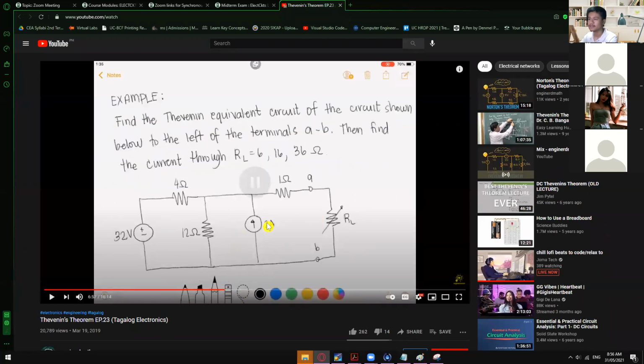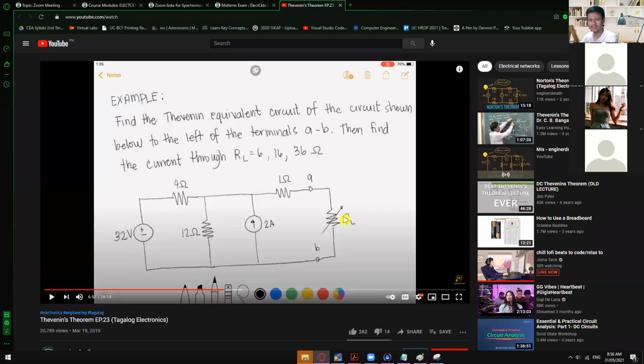So circuit. Okay, so as you can see in this example, we have three different values of RL. The first one is 6 ohms, the second one is 16, and the third one is 36. So this is a variable resistance.